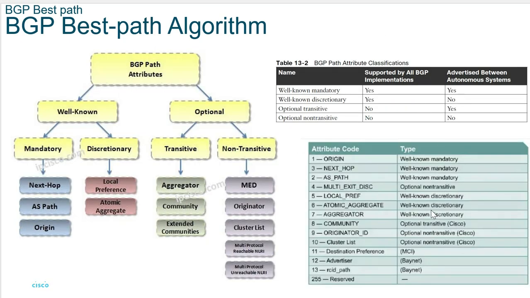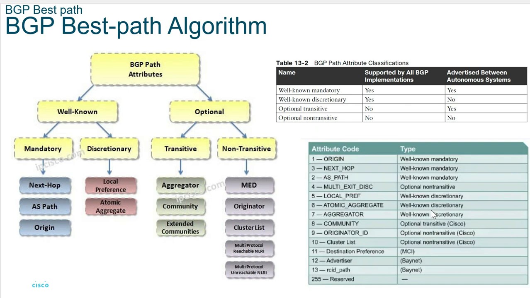Sebelum tu, kita tengok in general, all these attributes can be categorized in a general category sebagai well-known mandatory, well-known discretionary, optional transitive, or optional non-transitive. So, untuk well-known, okay, it should be supported by all the BGP implementation.